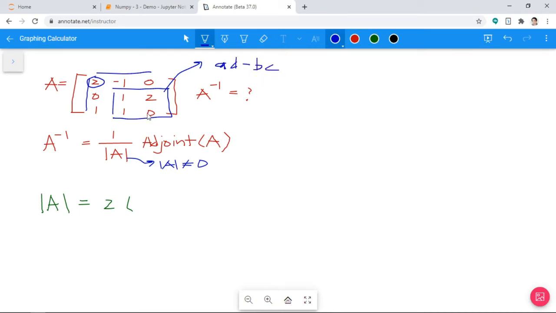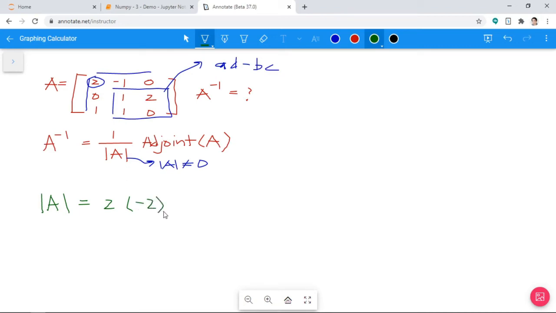So this one is a 2 by 2 matrix, but we also have our reference which is 2. So 2 multiplied by 1 times 0 is 0, minus 2 times 1 which is negative 2.